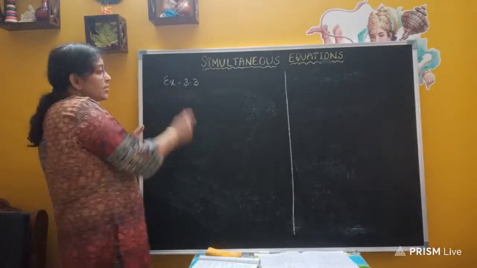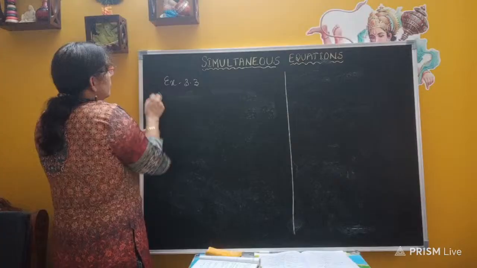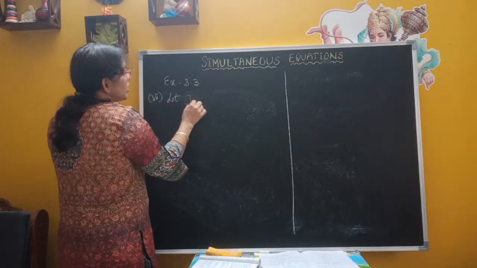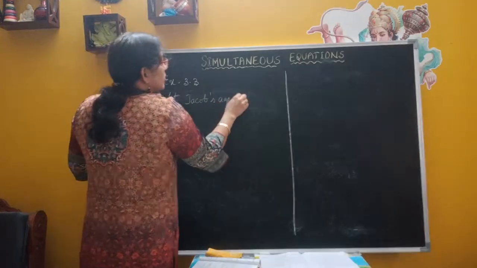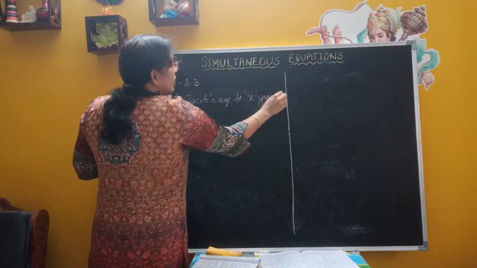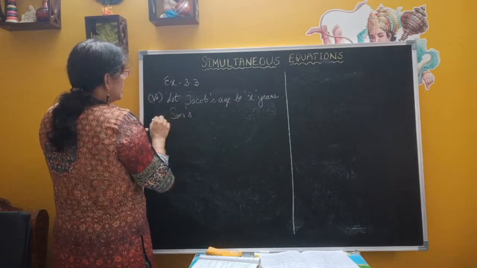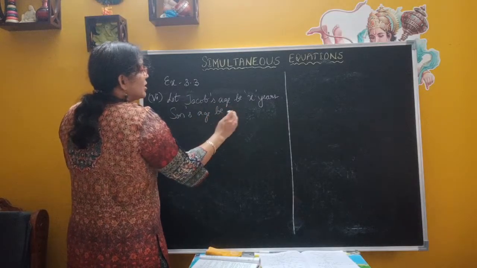So first let us write: let Jacob's age be x years, and his son's age be y years.